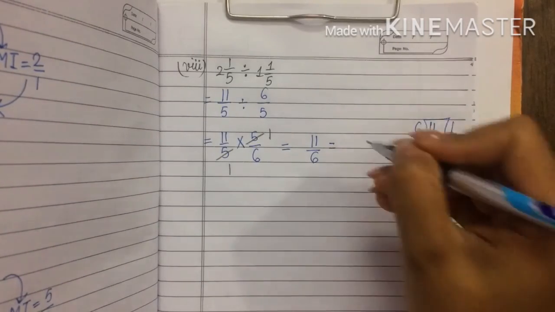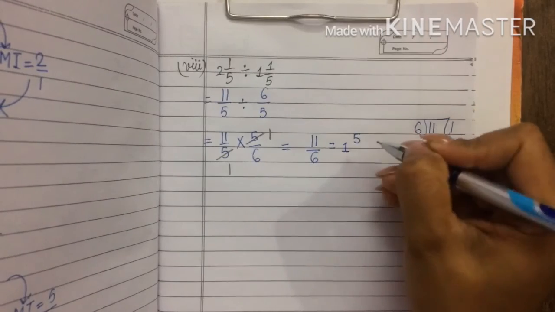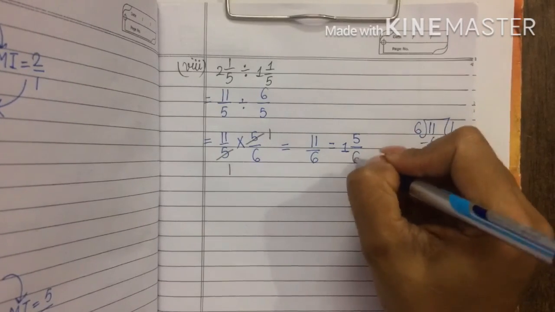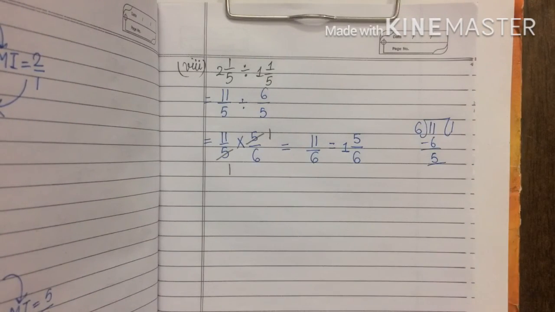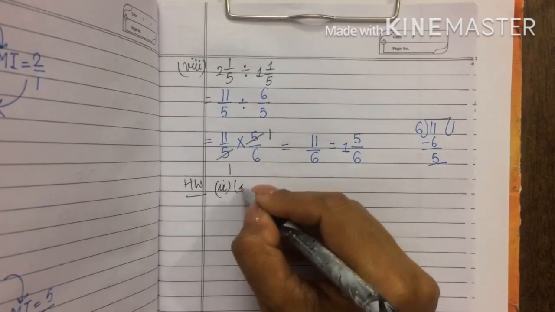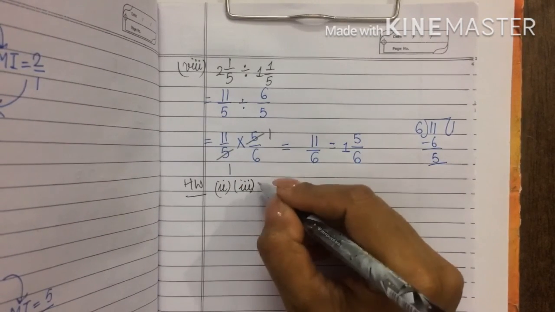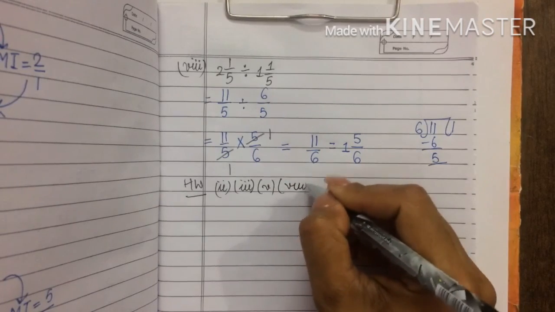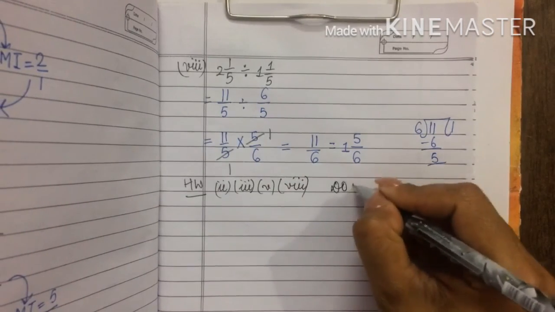Give your answer as the mixed number, quotient on the side, remainder on the top, and the denominator remains the same. So this is the answer for the 8th part. As your homework, you will be doing the remaining parts, which are 2nd and 3rd, then 5th and 8th. This is your homework.